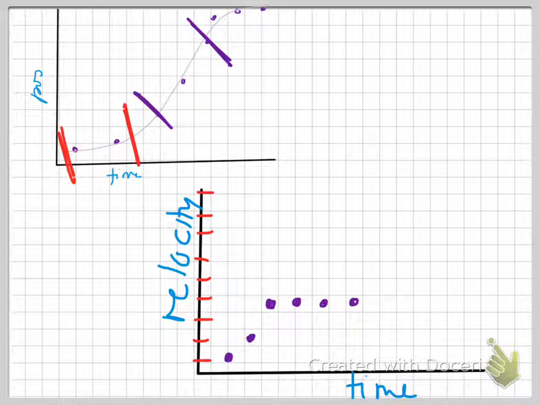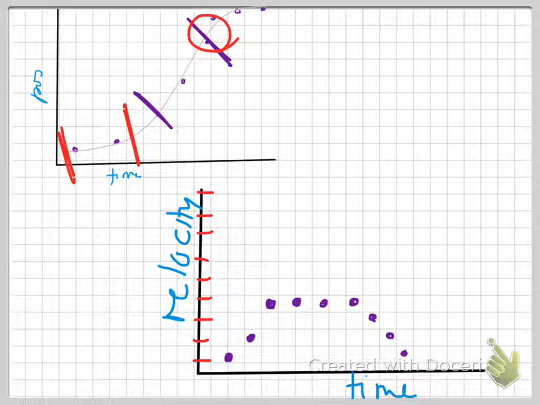What about this segment? Is the velocity beyond that purple line changing? Yeah. How so? Increasing or decreasing? Decreasing. So the velocity here begins to change again.